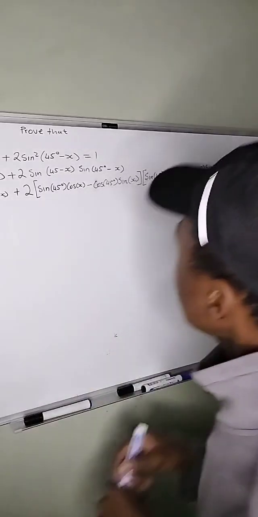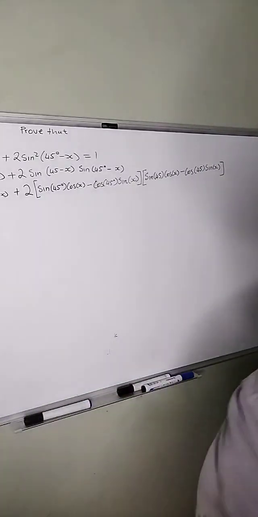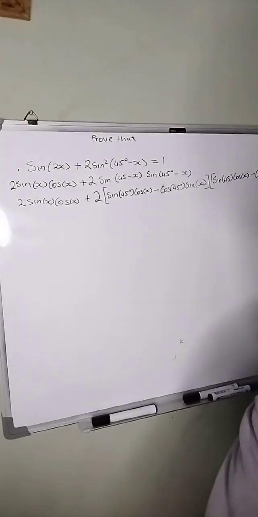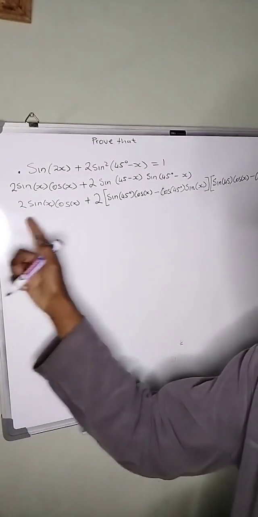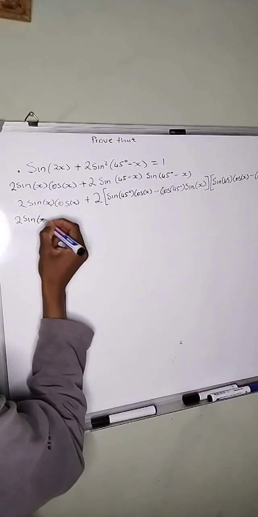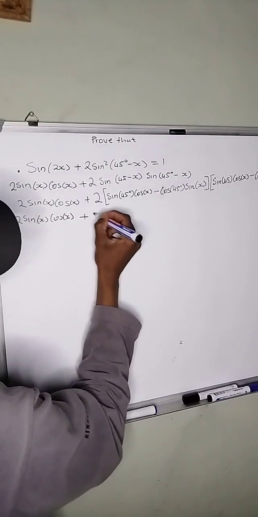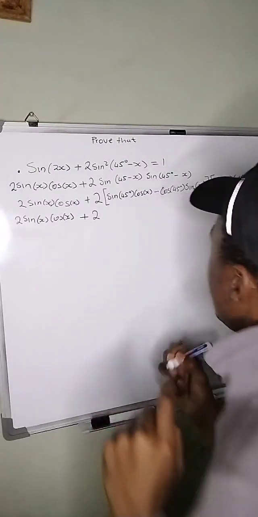So wherever I see this guy, I'm going to substitute with 1 over root 2. So on my left, I'm going to maintain this guy. Ne? I'm going to maintain him: 2 sine x cos x plus this 2. I'm going to maintain him.